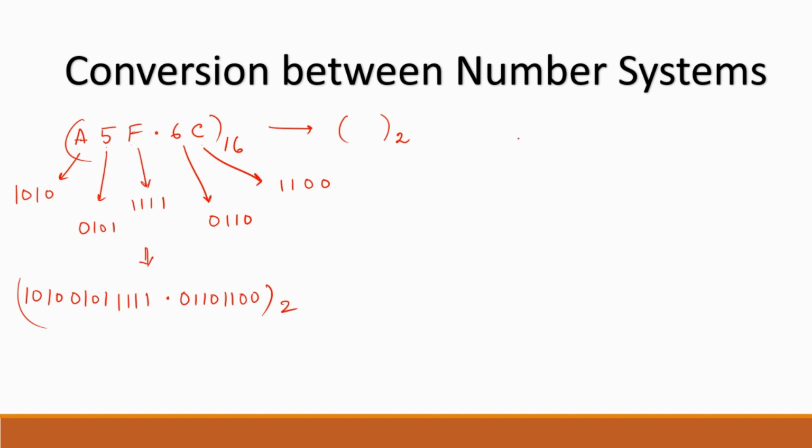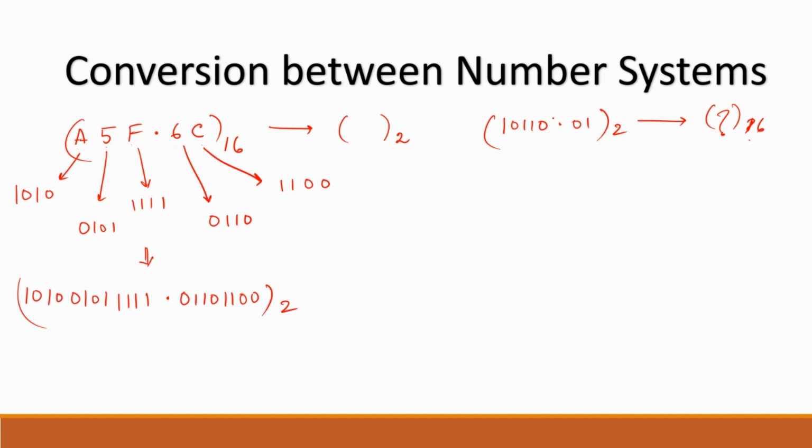Now, if I want to convert from binary to hexa, let's take up a number like 10110.01. So this is my binary. I need to know the hexa representation of it. Here we know that again 4 bits of binary represent one hexa digit. So we are going to group the binary number and split it up as groups of 4.